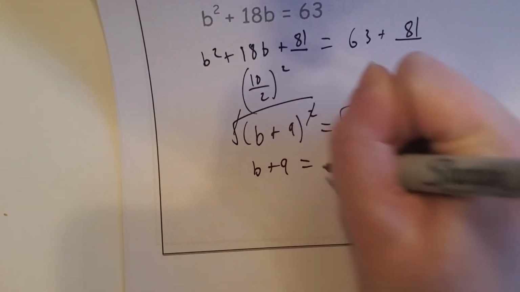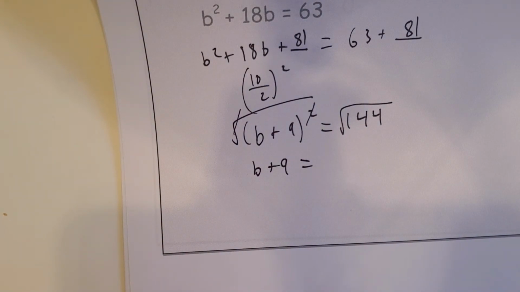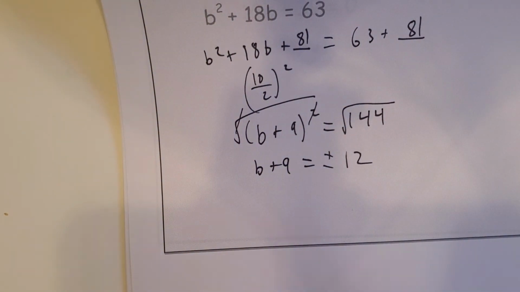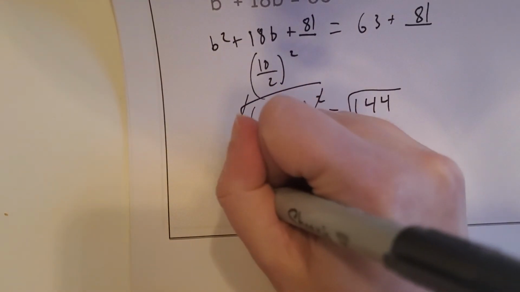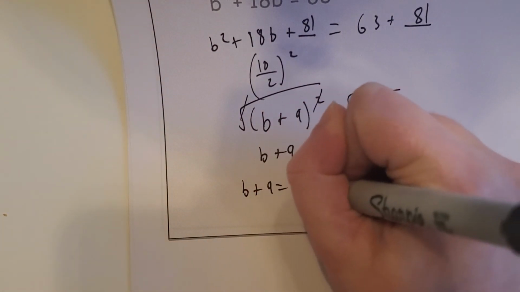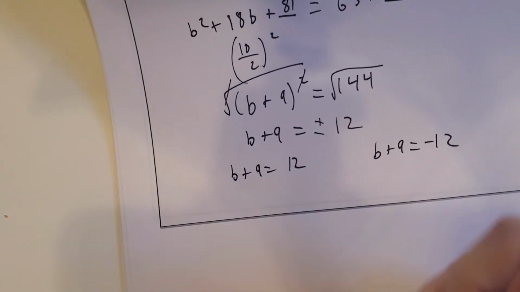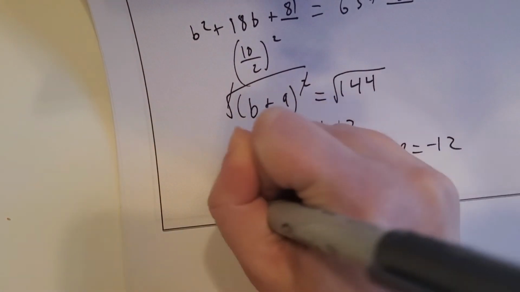B plus 9 is equal to the square root of 144, which is 12. But because we're evaluating a square root, that's why you need the plus minus. So it's plus or minus 12. And then we're going to break it up. B plus 9 equals positive 12, and B plus 9 equals negative 12. And then solve each.